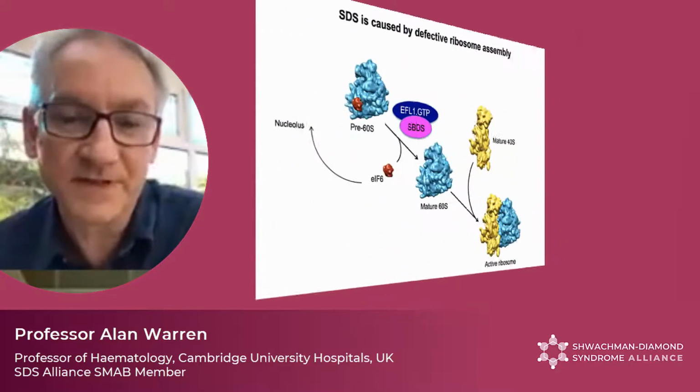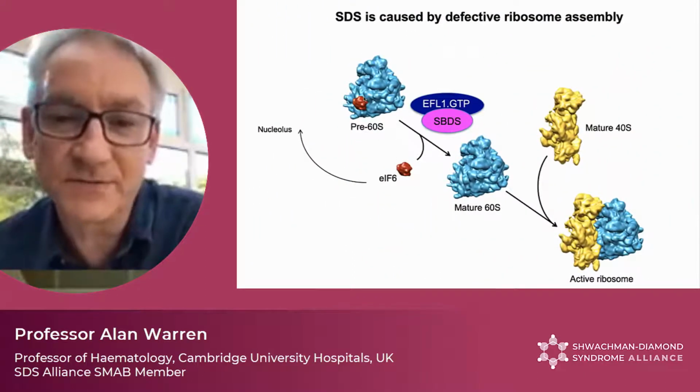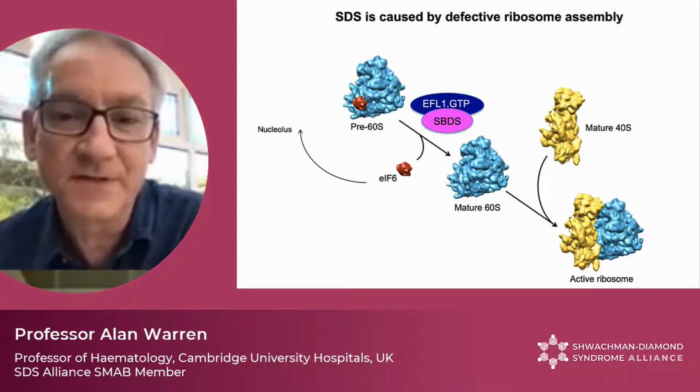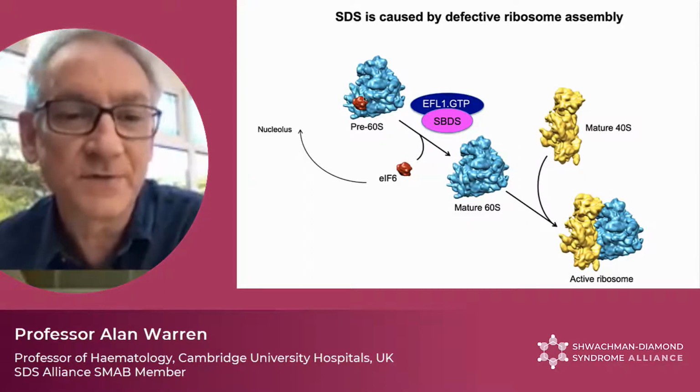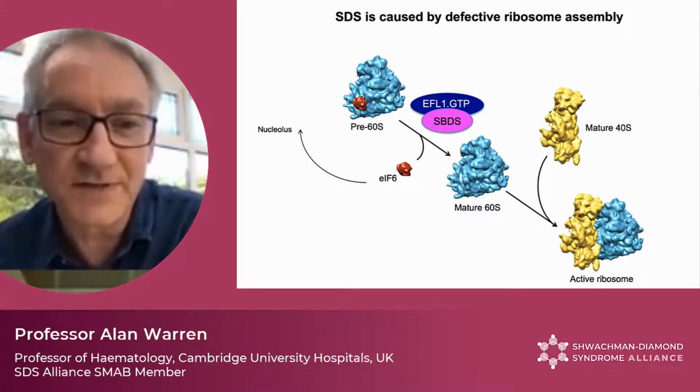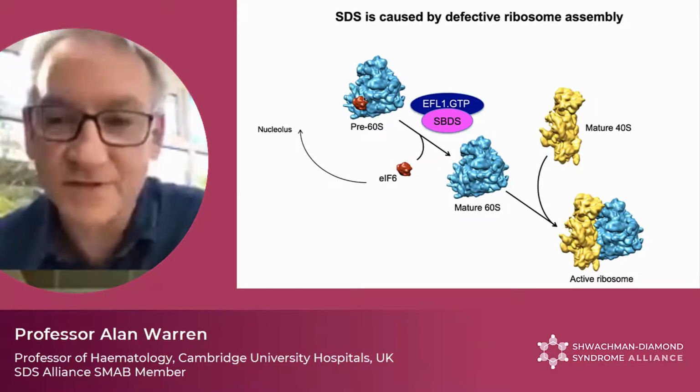Can we identify small molecules that can recapitulate this N106S mutation? So small molecules that would bind to EIF6 and promote its release from the ribosome in the presence of, in SBDS deficient cells.